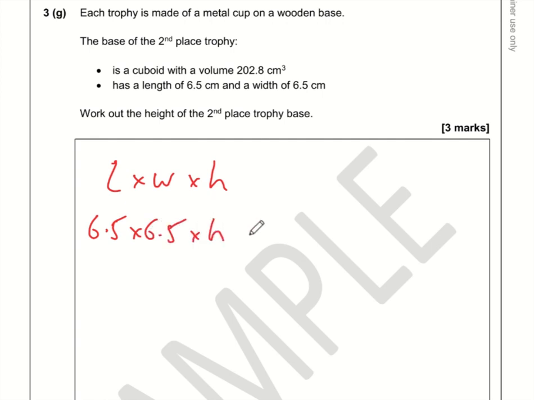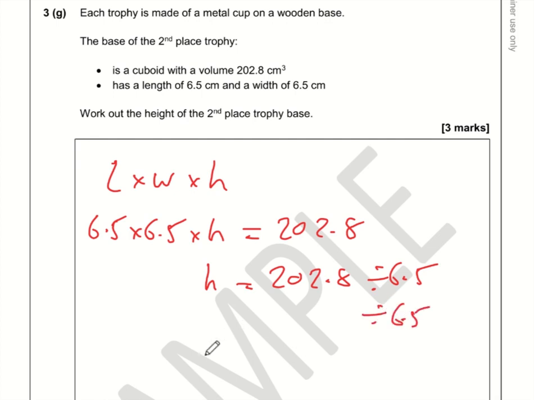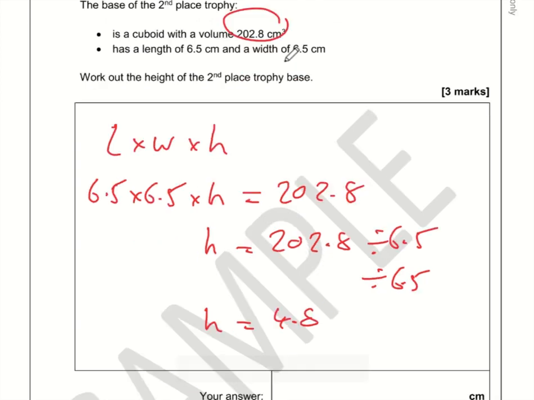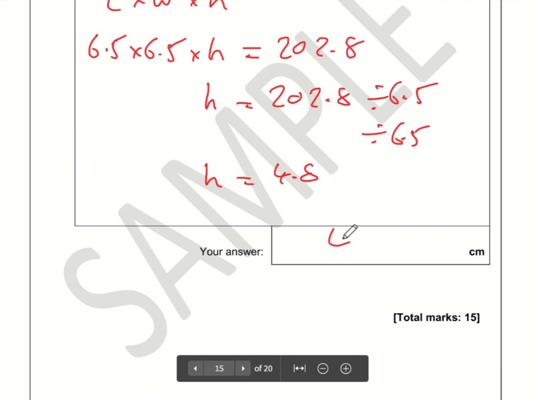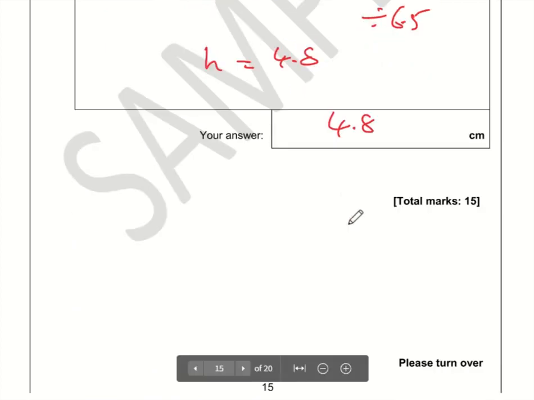We don't know what the height is, but we know that it comes to 202.8. So to work out what h is, it's just going to be 202.8 divided by 6.5 divided by 6.5, and therefore that comes to 4.8. And if you want to test your answer, just do 6.5 times 6.5 times 4.8, and you should come back to 202.8. So height 4.8 centimetres.